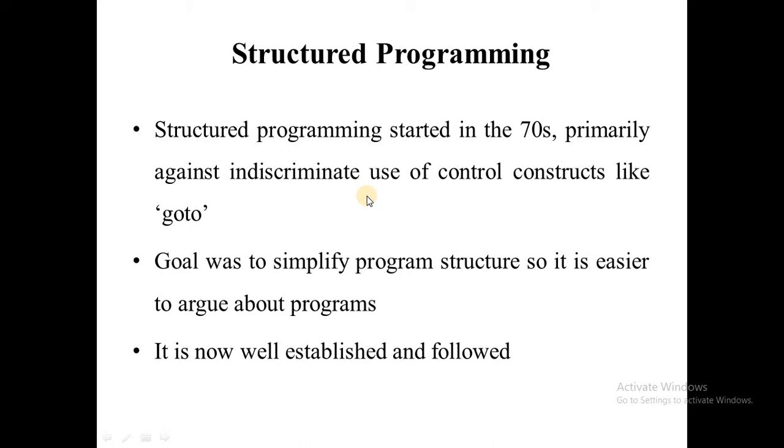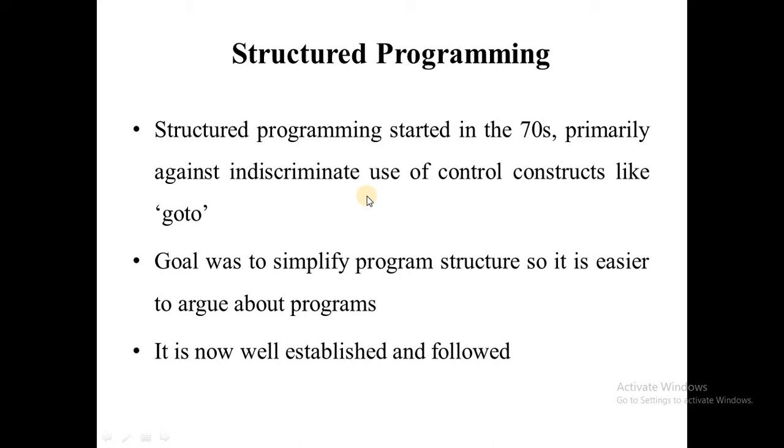We have to avoid the goto statement while writing a program because it is against the principle of structured programming. Why? The reason is the goto statement goes against the concept of linear ordering or linear execution.